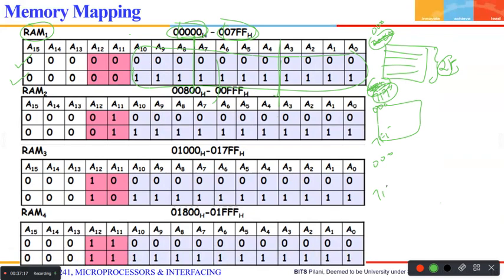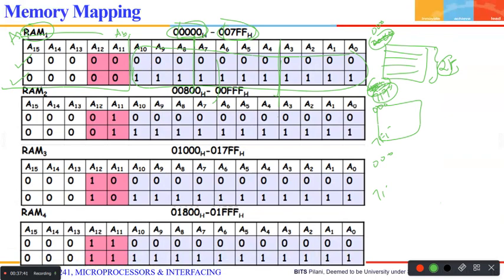Now, which are the remaining ones? Your A11 to A19. A11 to A19 will go to the input of the decoder logic. Now tell me, just look at the bits from A11 to A19.